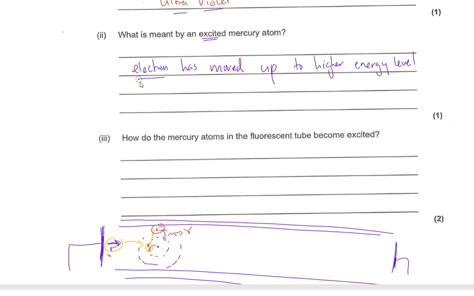If I draw the nucleus there, we've got the shells. So if there's an electron here, when it gets excited, it means that this electron has moved up to a higher energy level. So that's all we have to say.